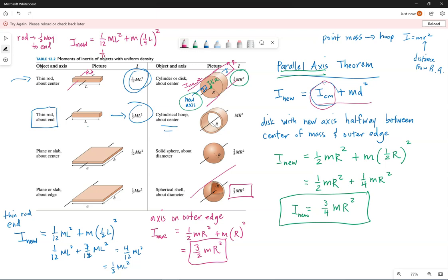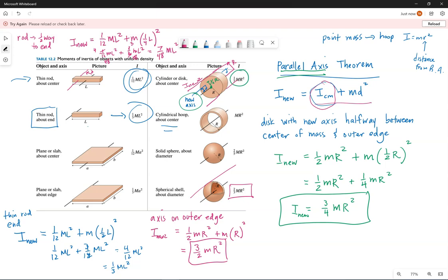So 1/12 ml squared plus 1/16 ml squared. Let's see, 48, that would be 4, 48, that would be 3, so 7/48 ml squared would be the moment of inertia around that axis.